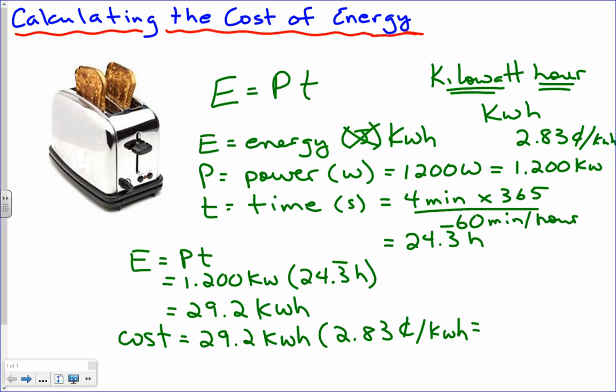And I get an answer of 82.636 cents, so call that 83 cents. Now 83 cents, we want to write that in dollars: $0.83 per year to cook that toast.